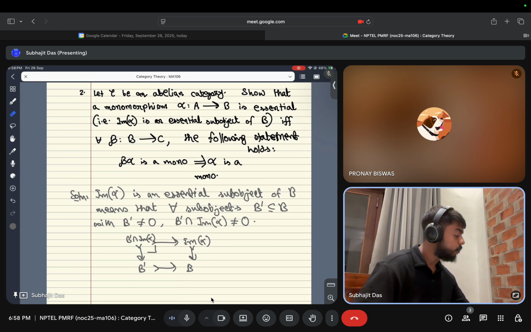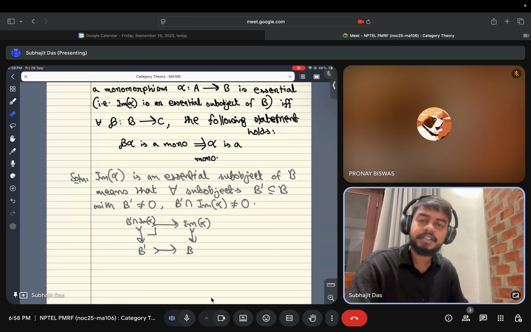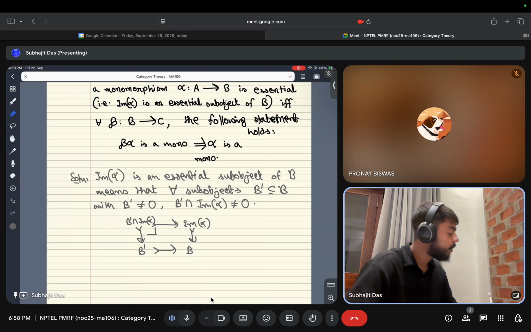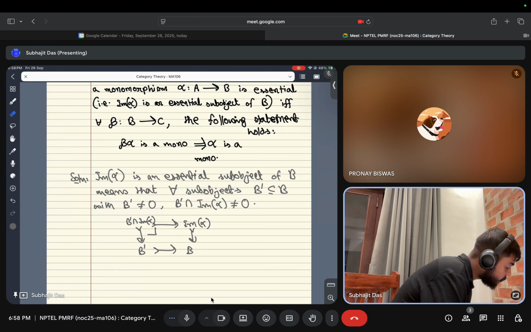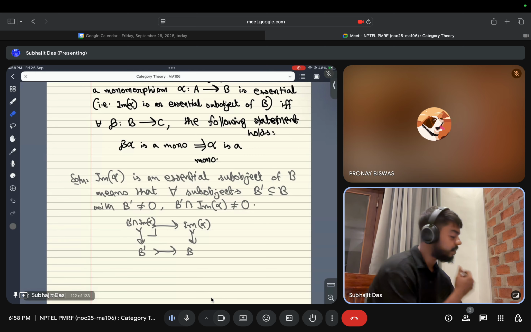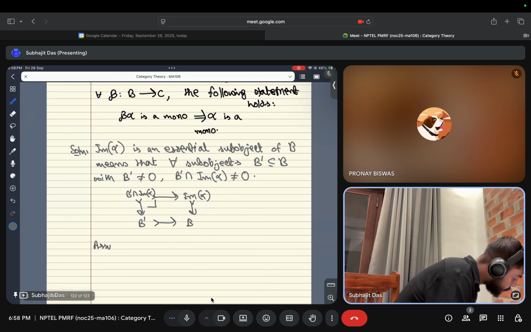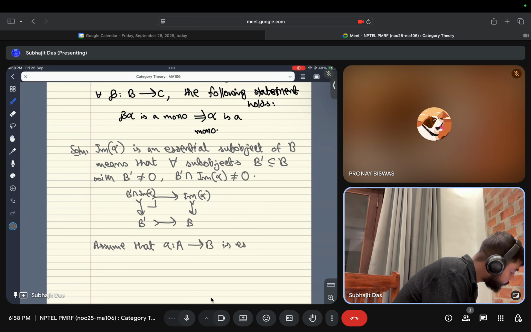Right. So let's try one direction and then we'll get to the other. Let's try the forward implication. So we assume that alpha from A to B is essential.